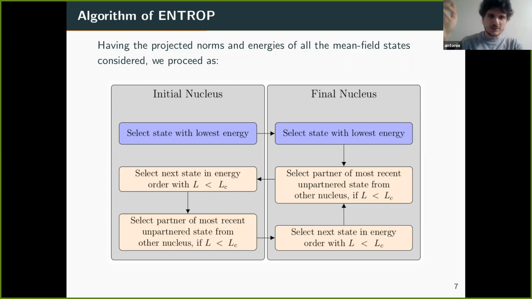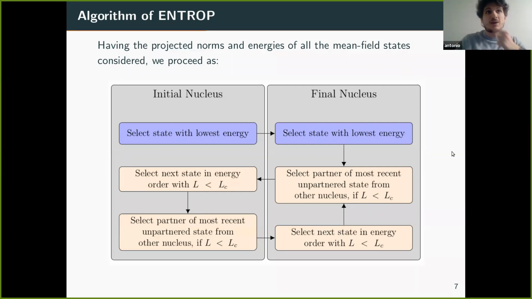If not, discarded. And then we take the partner again, and then we take the energy order again and the partner again. And we go in that fashion until we run out of candidate states. Now, because we are discarding states because of this orthogonality criterion, we're going to end up with a set of fewer states than the original ones considered here.